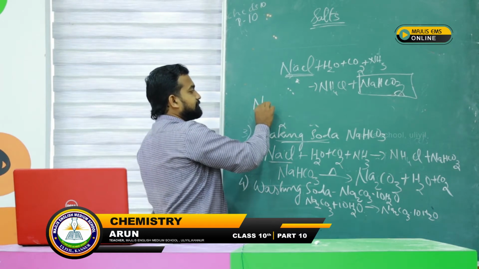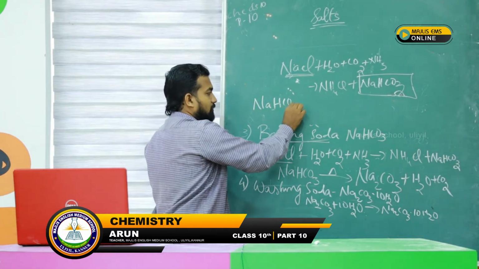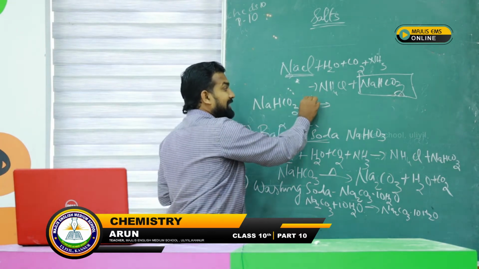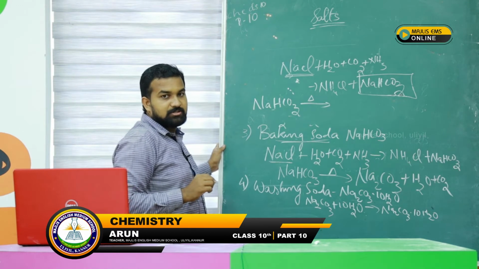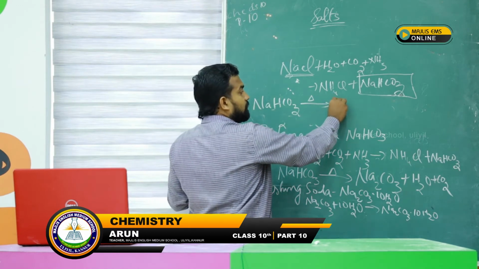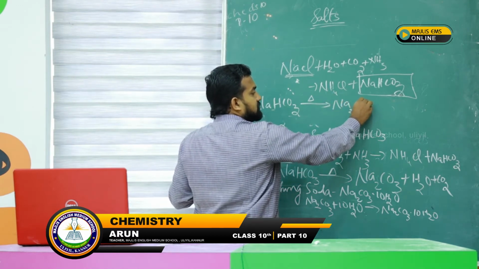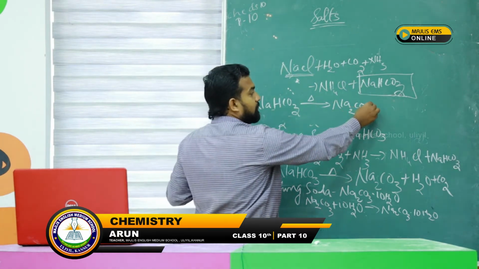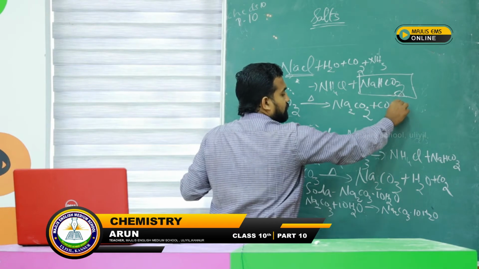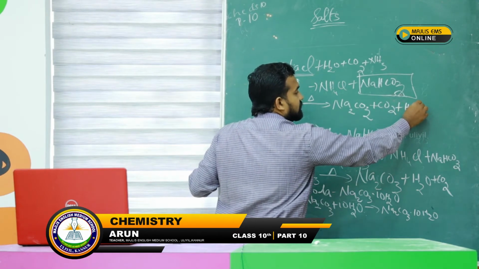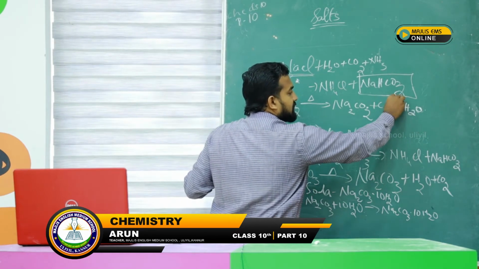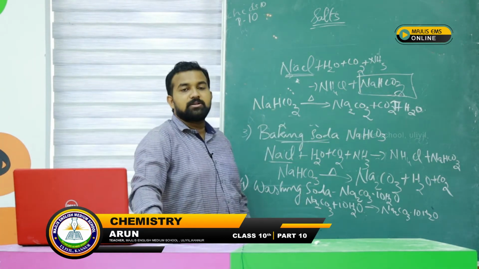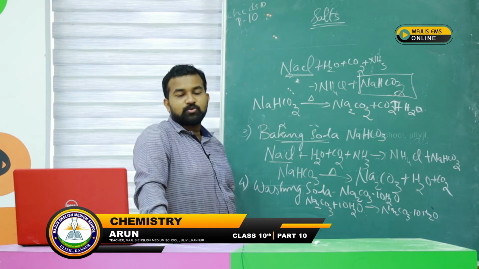When we take sodium hydrogen carbonate and heat it, it will dissociate into Na2CO3 plus CO2 plus H2O. The water vapors will be there, the carbon dioxide gas will be evolved out, and the remaining sodium carbonate, Na2CO3, will also be there.